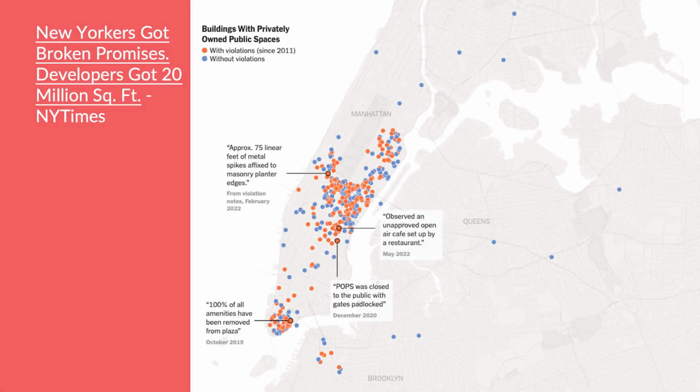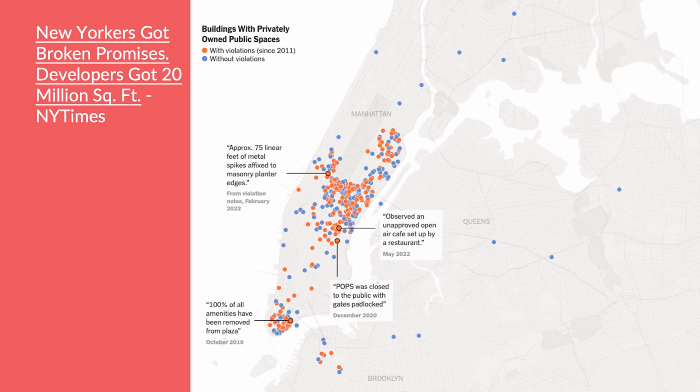And then finally, they have more of a traditional data viz showing buildings with privately owned public spaces. And so here in orange are the ones with violations, and this blue purple are without violations. And something cool about this map that I've been talking about a lot is the way they've annotated specific violations that have come up in these different areas.